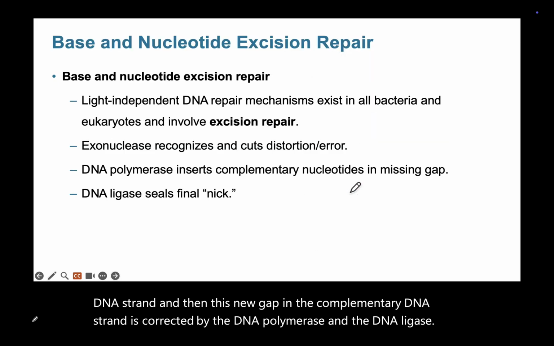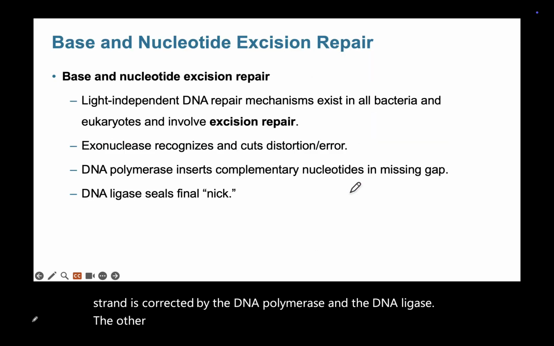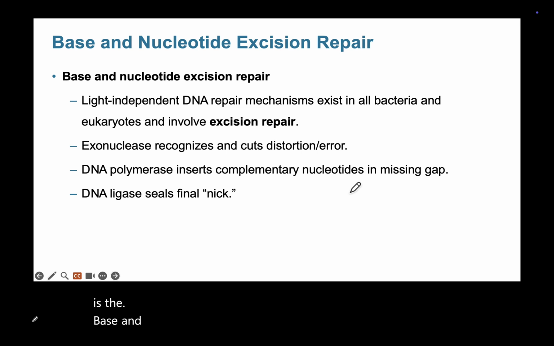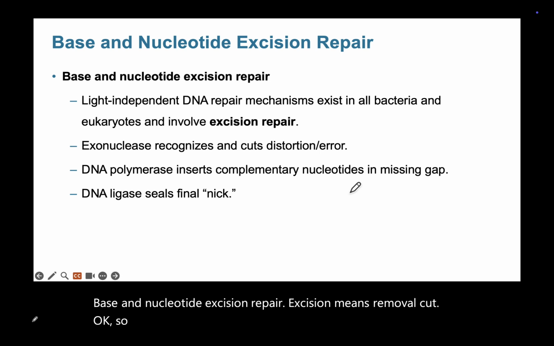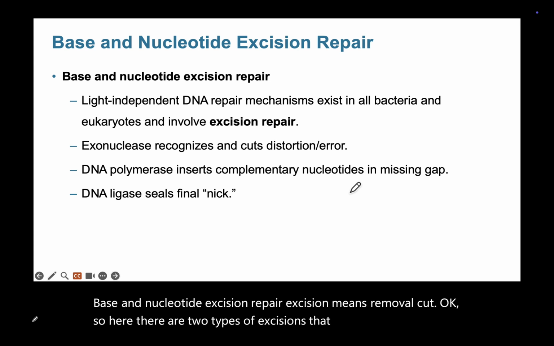The other repair system I want to talk to you about is the base and nucleotide excision repair. Excision means removal, cut, okay? So here there are two types of excisions that can happen.